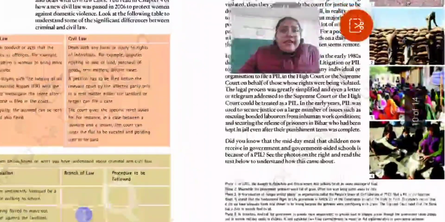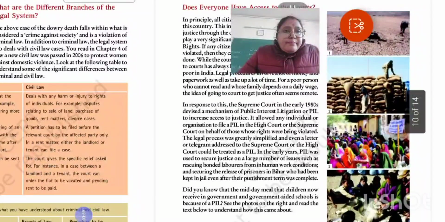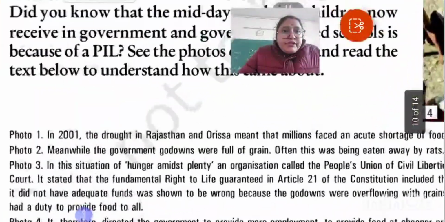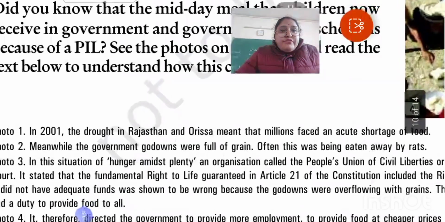Do you know that the midday meal is also the result of a PIL, children? Here in your book, some pictures are given: first, second, third, fourth, right? So, in 2001, the drought in Rajasthan and Orissa meant that millions faced an acute shortage of food.